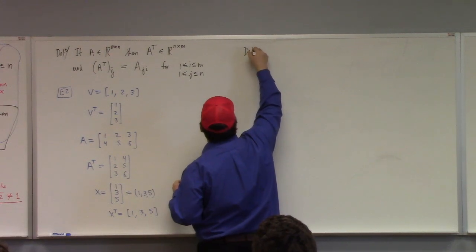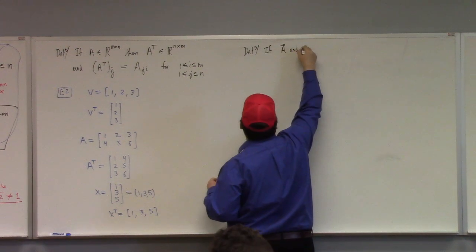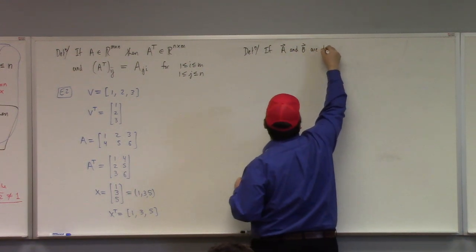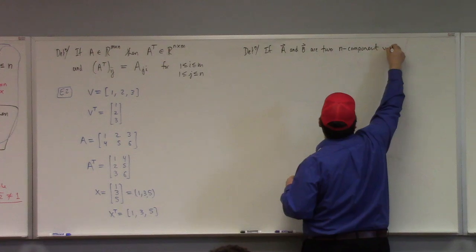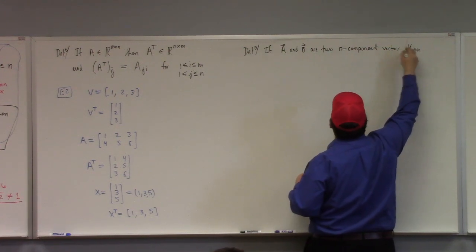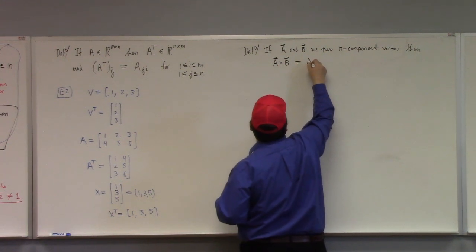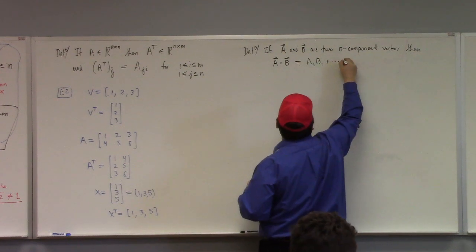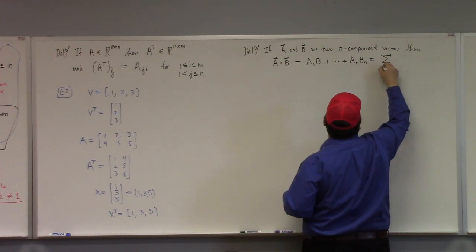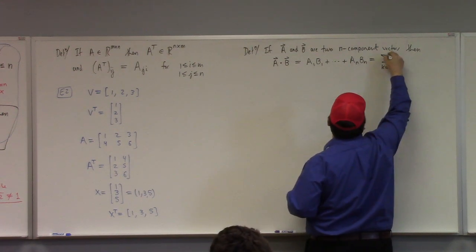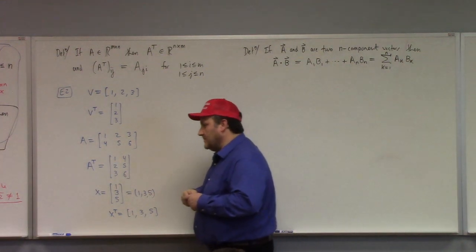This is probably not in the notes, but definition: if vector A and vector B are two n-component vectors, then A dot B is A1 B1 plus ... plus An Bn. In other words, it's the sum from k equals 1 to n of A sub k, B sub k. So this is the dot product.